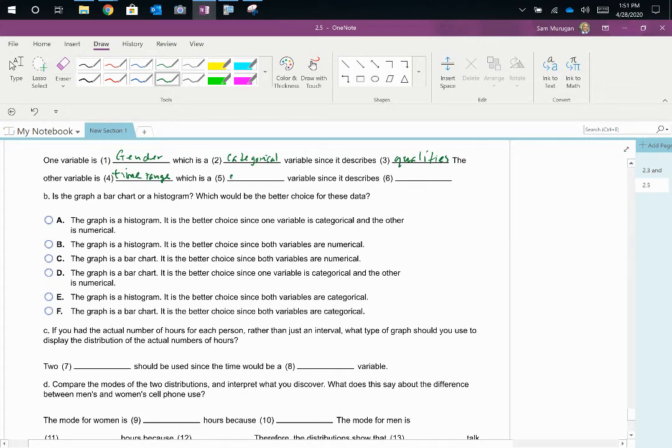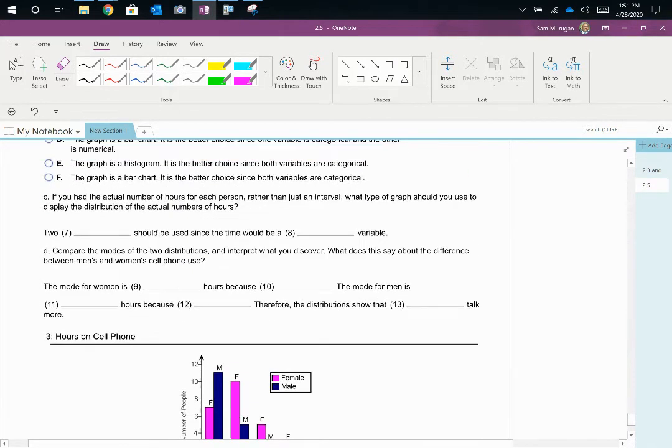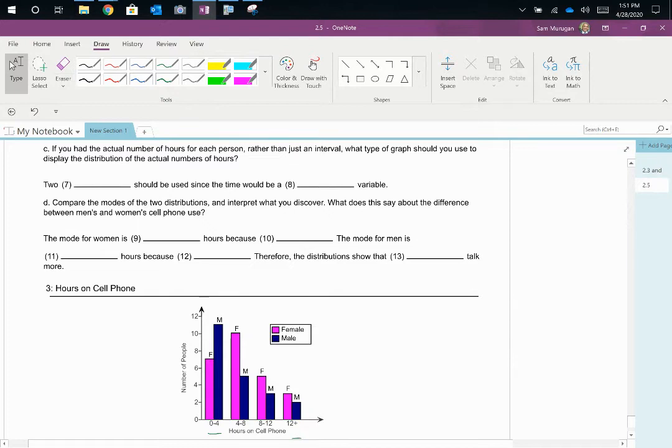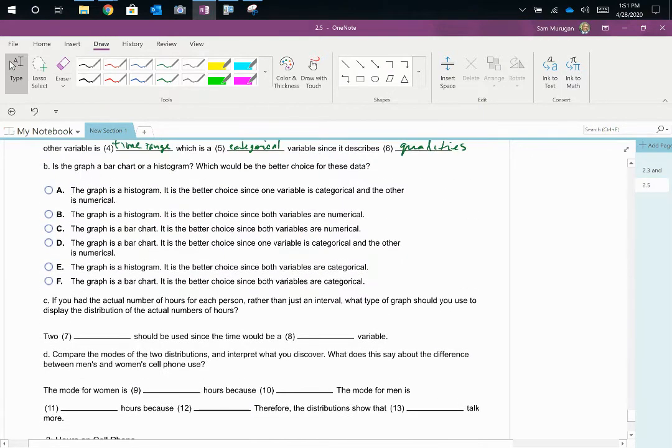So this is also categorical. And it is also describing qualities, not quantities. Okay, so both sets of data, the gender and the time range, are categorical in nature.